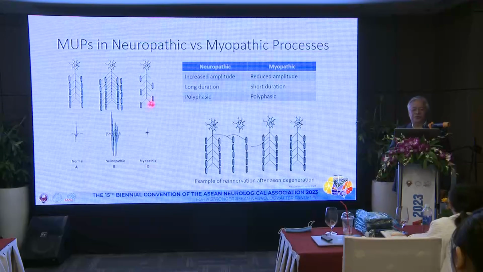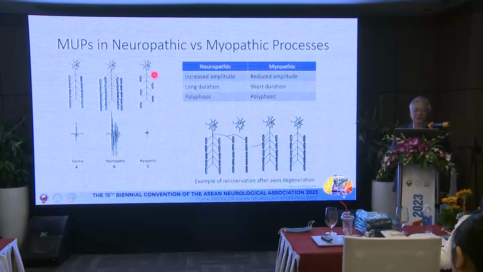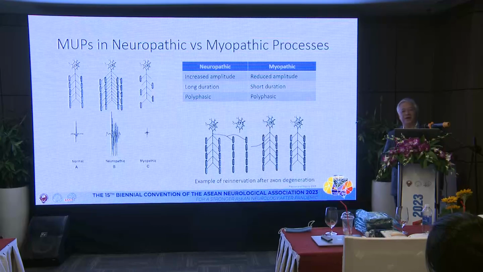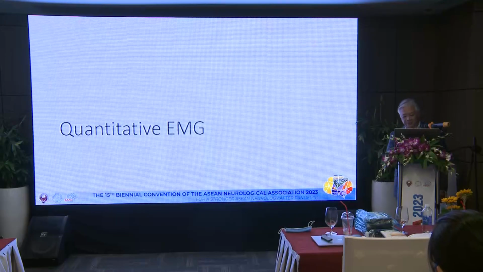Third situation is when you have a myopathic process where you start losing muscle fibers. So when you summate the muscle activity of the remaining motor units, you're going to have a potential that's much smaller and shorter, but they can still be polyphasic. So basically, that's how you can tell whether something is normal, neuropathic, or myopathic.